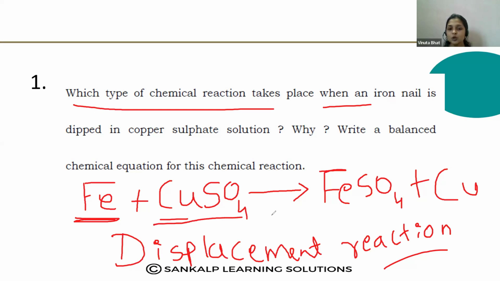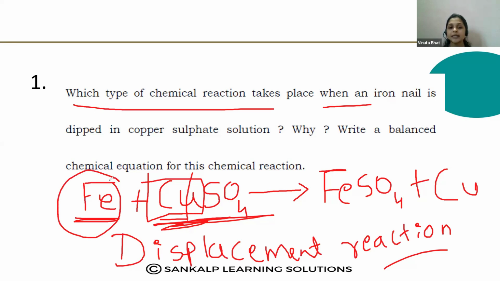Here, see, there is copper sulfate solution. From this copper sulfate solution, copper is displaced. So it is a displacement reaction because copper is displaced from the copper sulfate solution by iron.